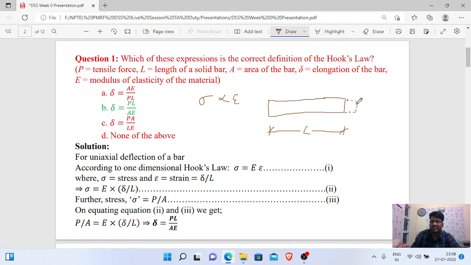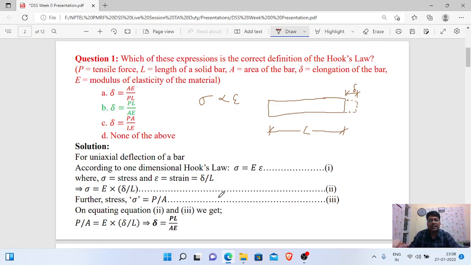Let us assume that its length is increased by del. So strain is del upon L. After putting this strain value in equation 1, we get stress equals E into del upon L.